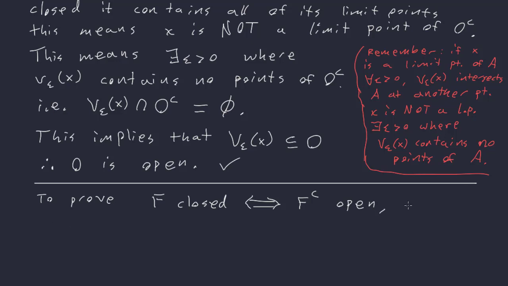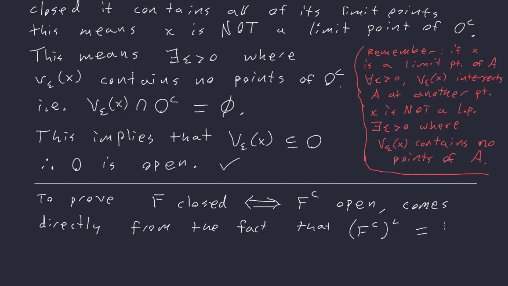It comes directly from the fact that F complement complement is back to being F again, right? If you take a complement twice, you get all the way back to F.